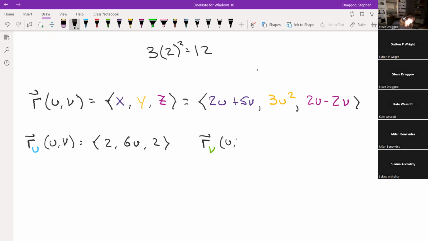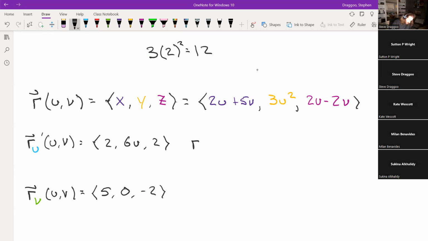If I do r partial v, again of u and v. Wait a minute, let's keep things consistent with how I did them last time. Put it below. But if I do a v partial, I'm going to get 5, 0, negative 2. Right, and then I'll plug in the values that I need.